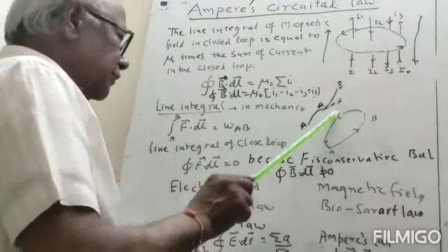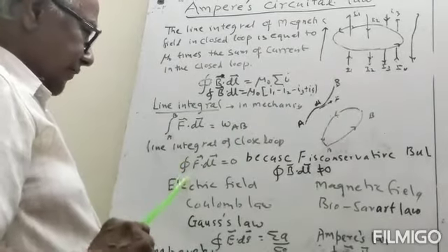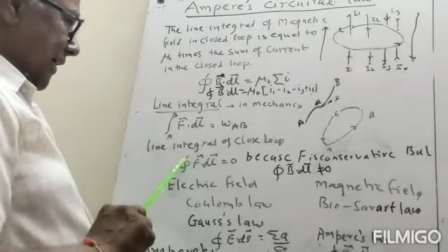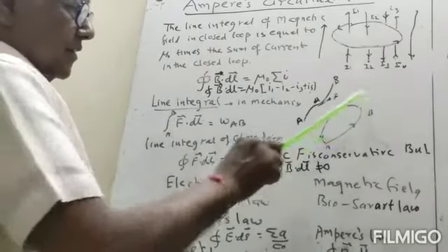For the closed path, the work done, we write the integral with a circle, F dot dl, will be equal to 0.